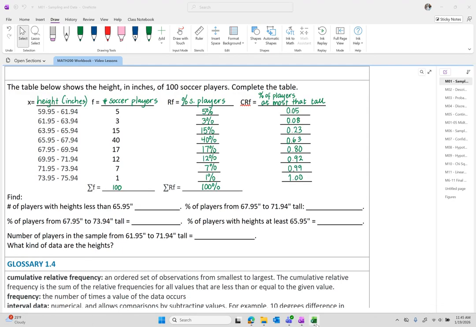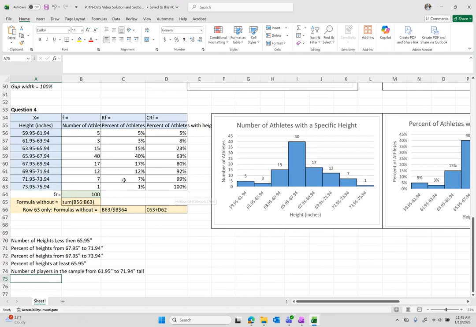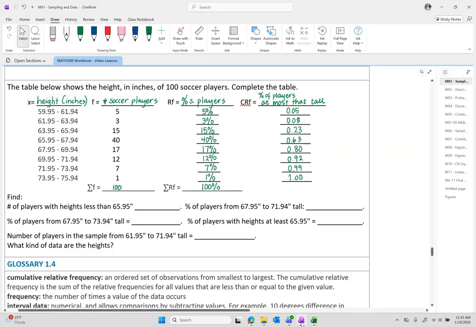So I have filled out the table, and also I have done question 4 of my project that asked me to do some histograms, but in order for me to do the histograms, I needed to have completed the table here.